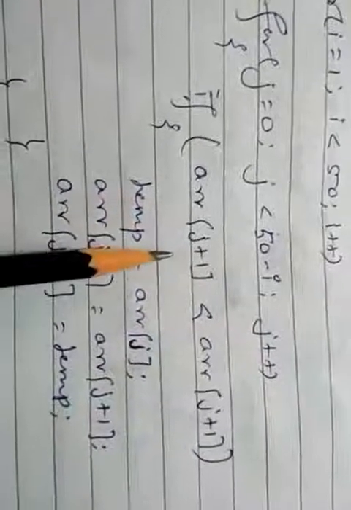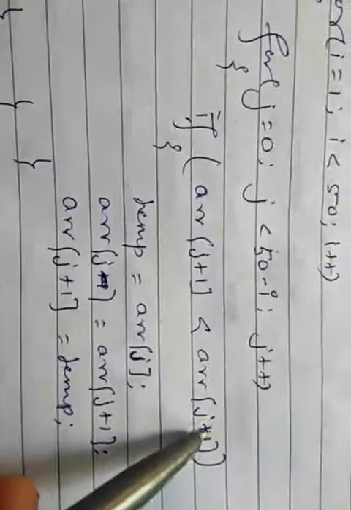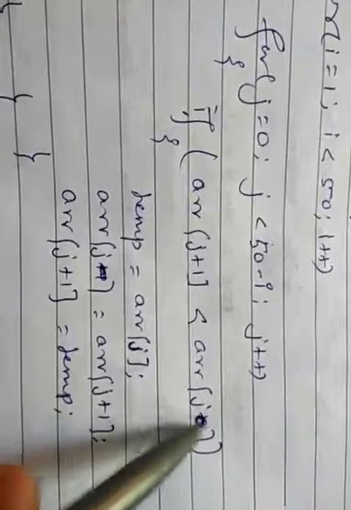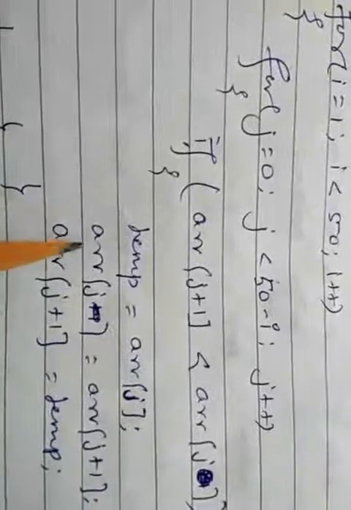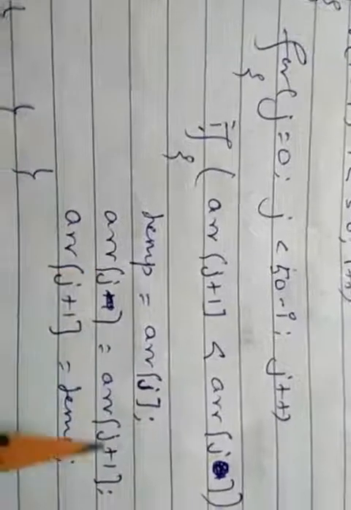If the second element is less than the first element, we shift j to temp, at position j we insert j plus 1, and at j plus 1 we put the value of temp. This will repeat and the array will be sorted, and this is the sorted array after bubble sort.